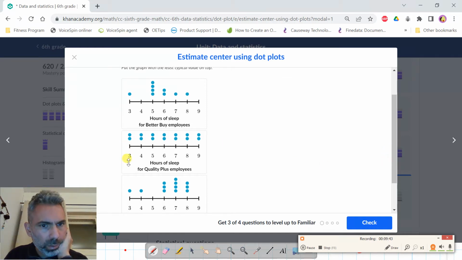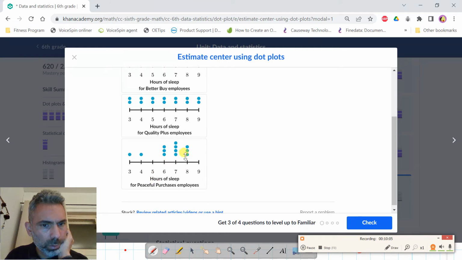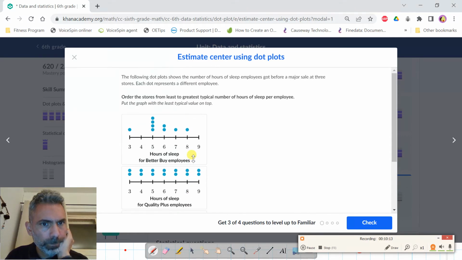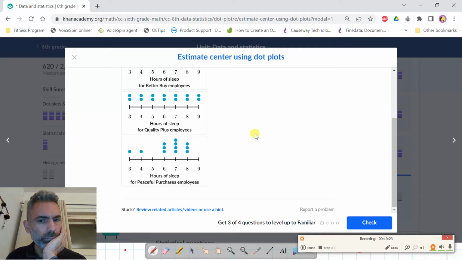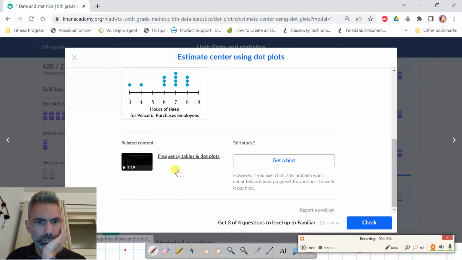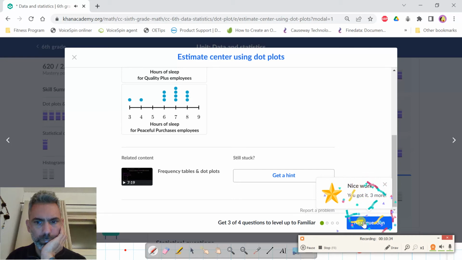We see that in Quality Plus it's evenly distributed across the number line, and here it's more heavily leaned towards the 5 hours, and here there are more employees with hours of sleep over 5 hours.